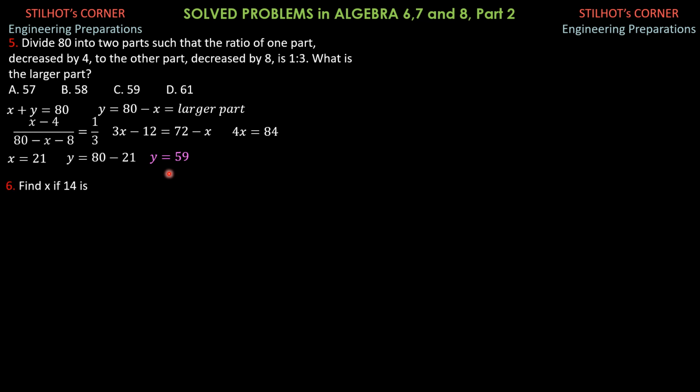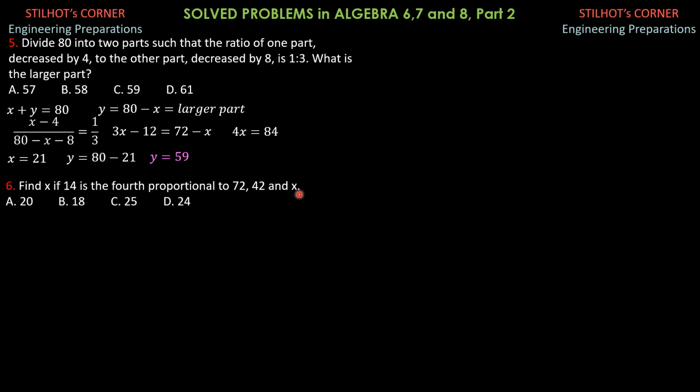Problem 6. Find x if 14 is the fourth proportional to 72, 42, and x. So this is a very simple problem. We just set up the equation by ratio and proportion. 72 over 42 equals x over 14, because 14 is the fourth proportional to 72, 42, and x.